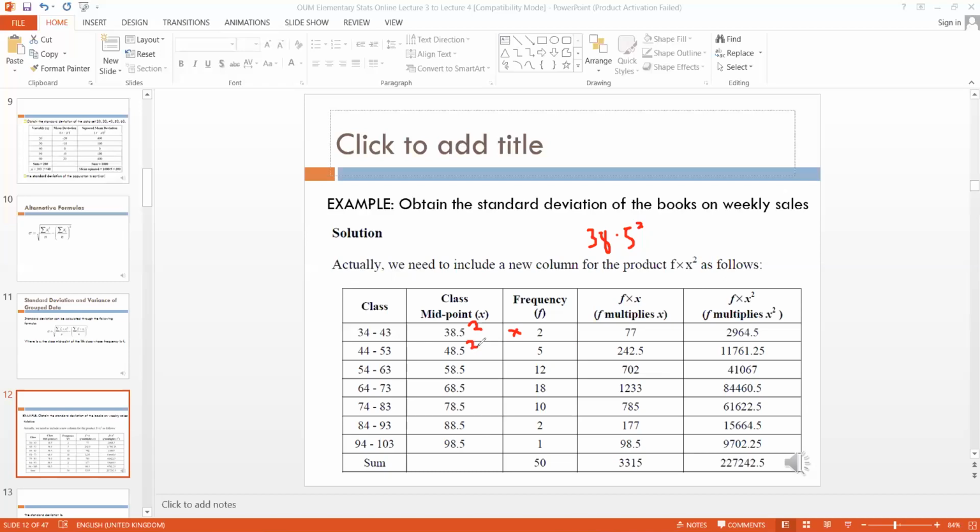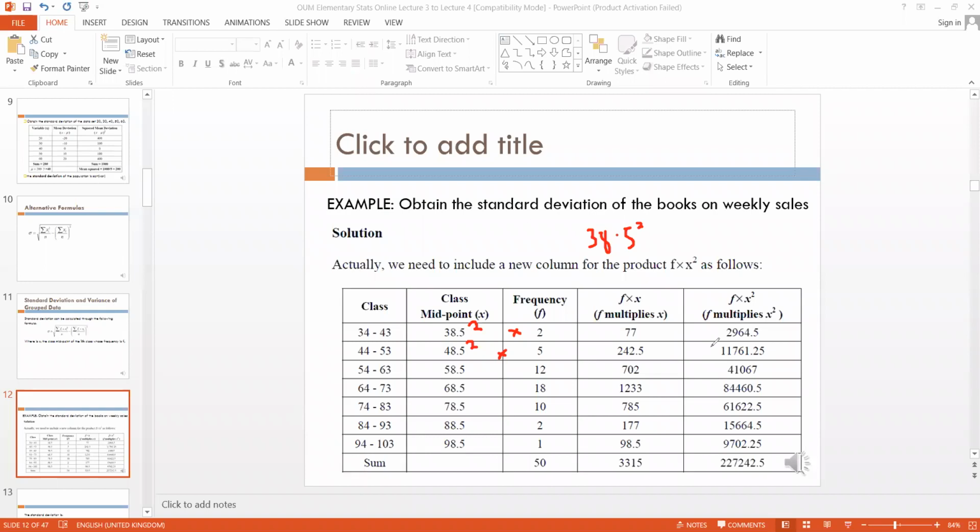48.5 squared times 5. What did you get? 11,761.